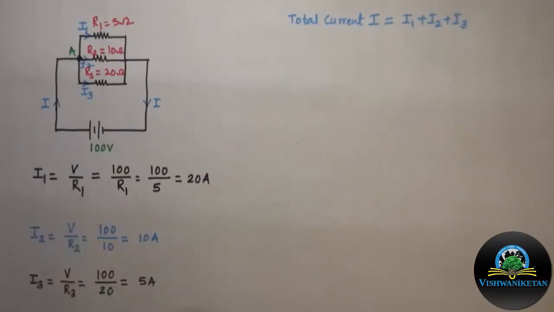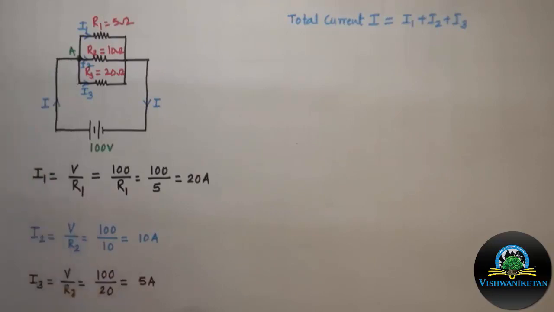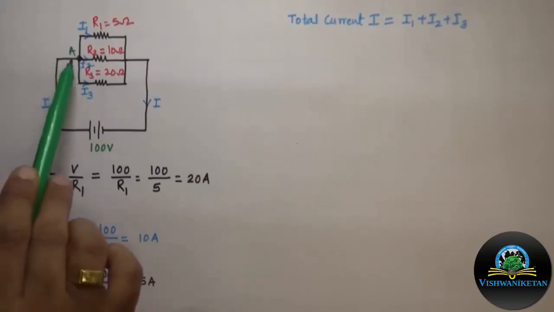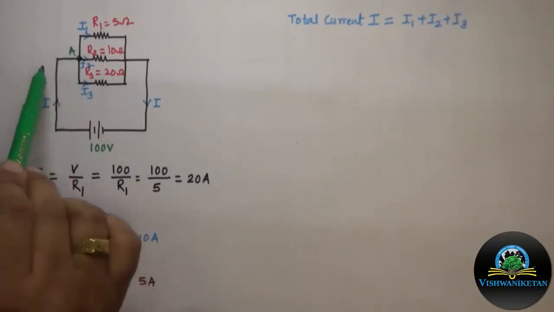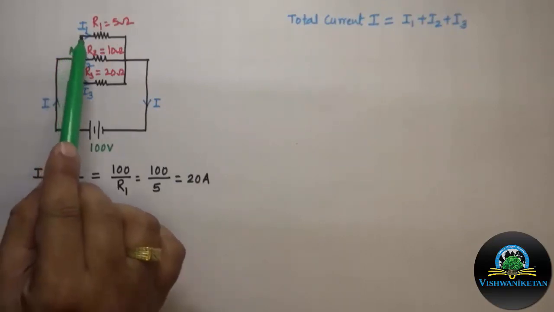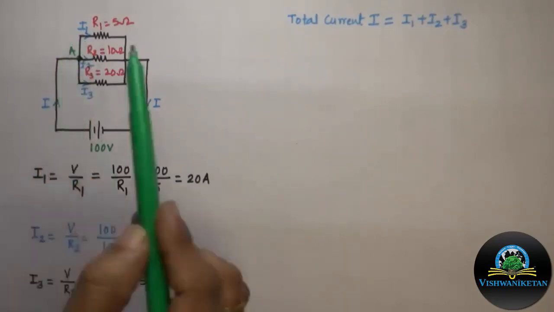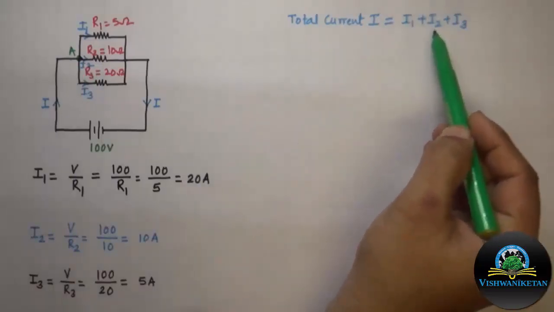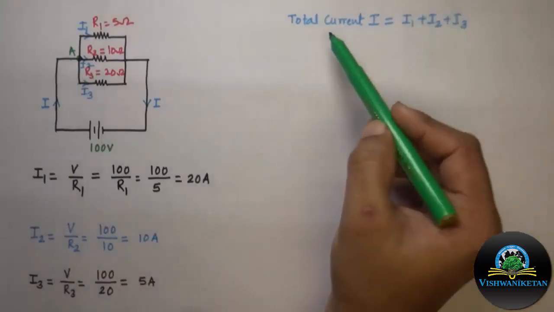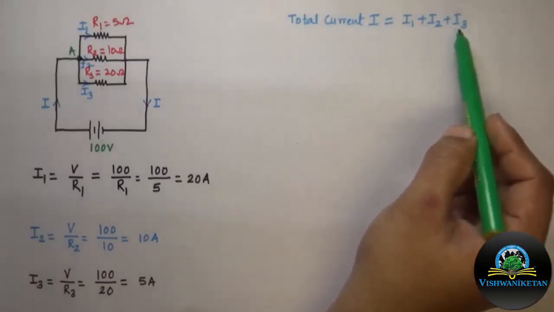According to Kirchhoff's current law, total current incoming to the junction is equal to total current outgoing from the junction. At A, the total current going towards the junction is I, and the total current going away from the junction is I1, I2 and I3. Hence total current I is equal to I1 plus I2 plus I3.